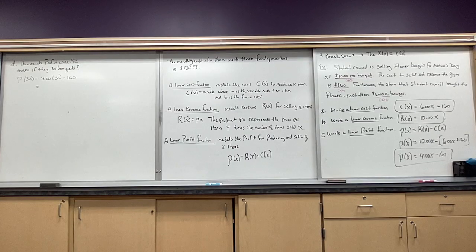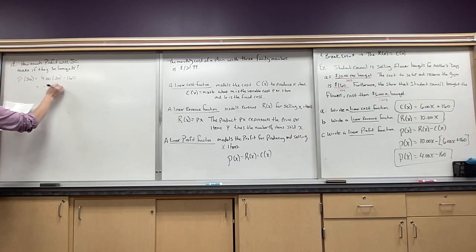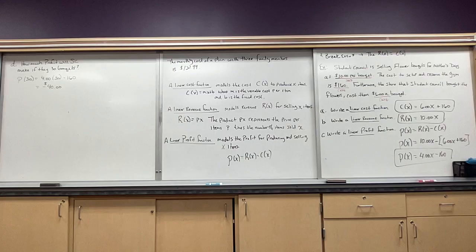Well, sorry, student council isn't going to like this one. Negative $40 is what they lost. Ouch. Not good. So in other words, you can figure out ahead of time if that's good or not, which is great, because why not? You have some equations that you can work with to see if it works for you.